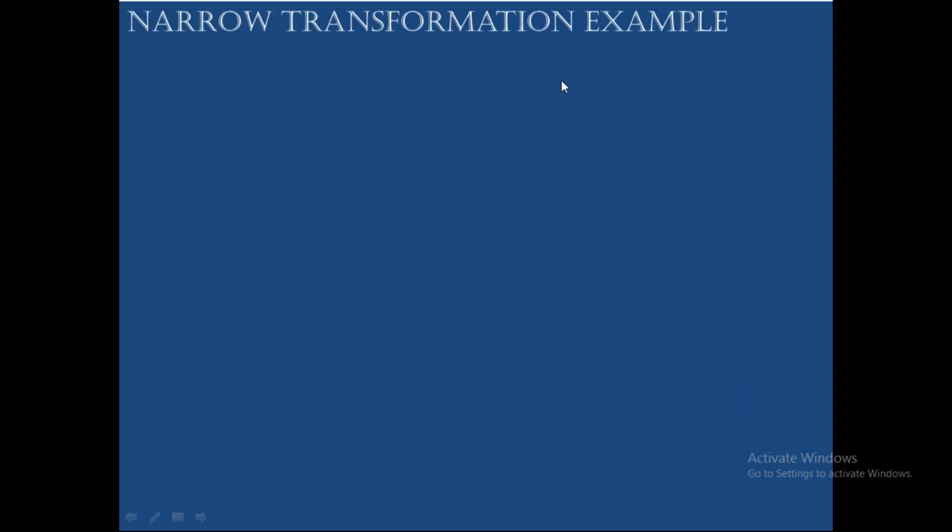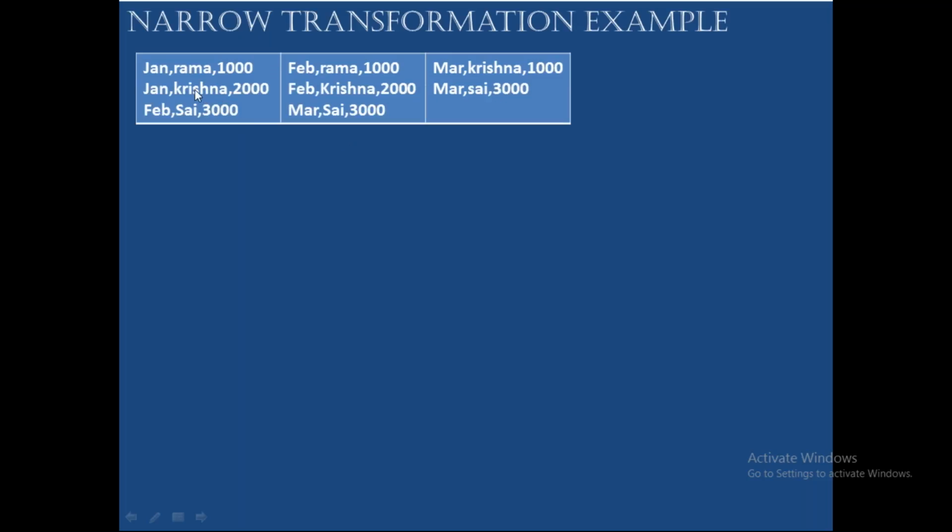Let's take a narrow transformation example. First, let's see what a narrow transformation is. I have some data here: 3 records here, 3 records here, and 2 records here. This is my driver program.